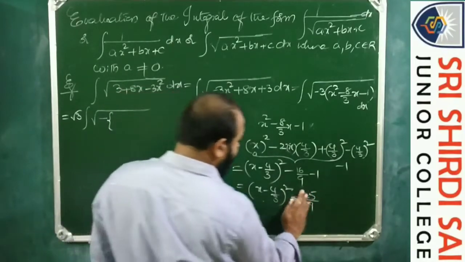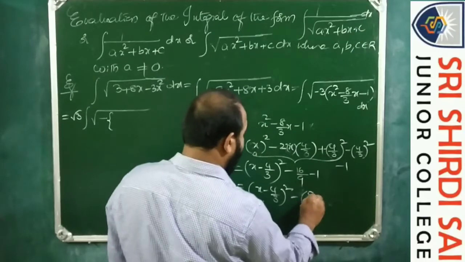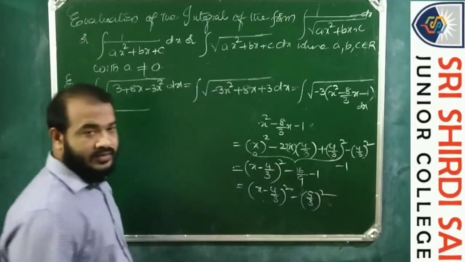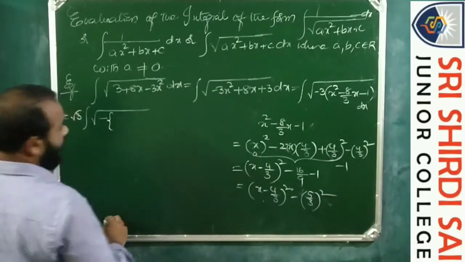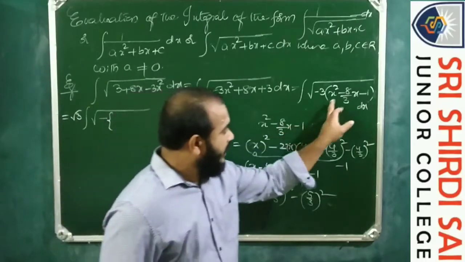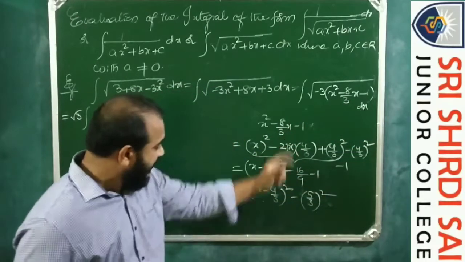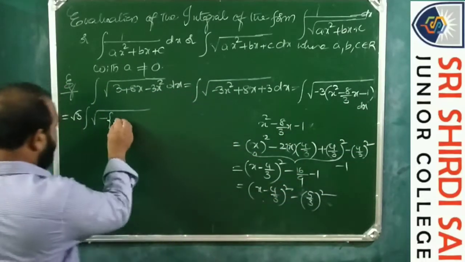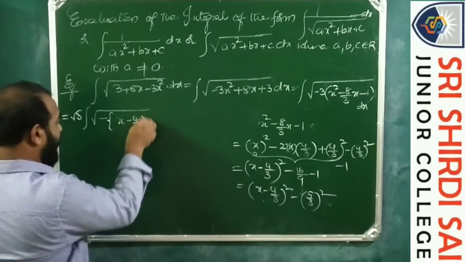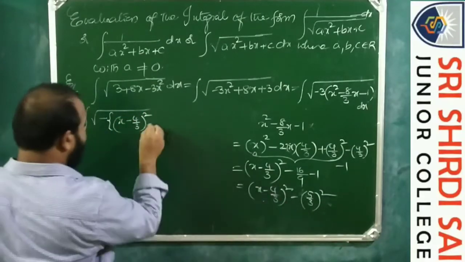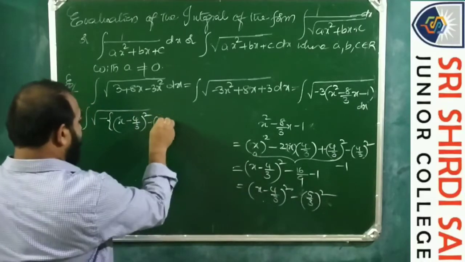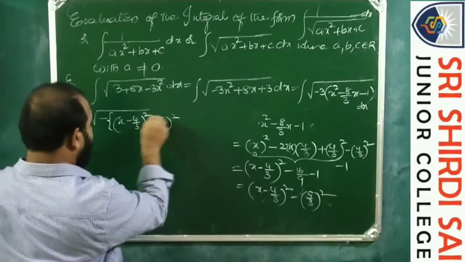So 25 by 9 can be written as 5 by 3 whole square. So inside, x square minus 8 by 3x minus 1 can be written as x minus 4 by 3 whole square minus 5 by 3 whole square.